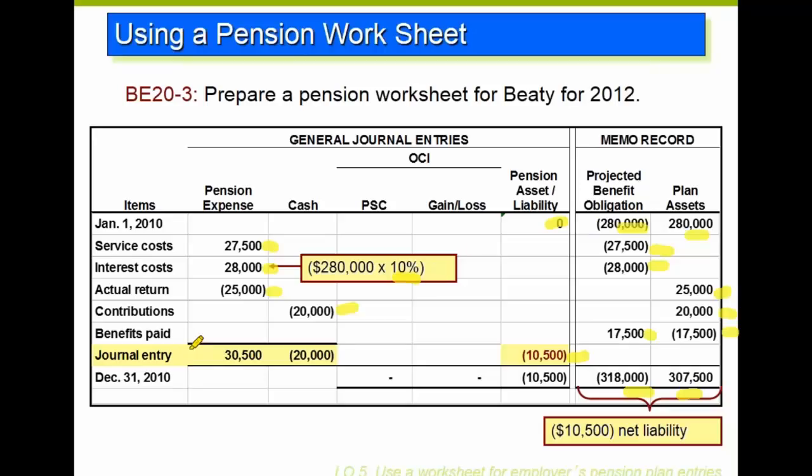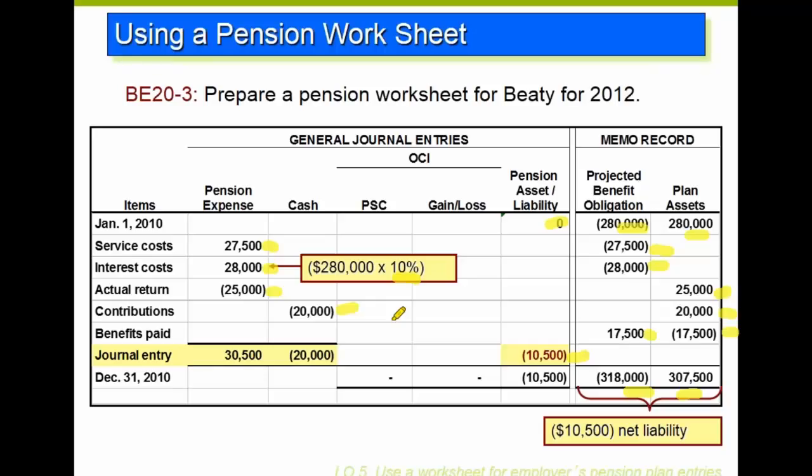You also notice that we're creating a journal entry here. This journal entry has a debit to pension expense, a credit to cash, and then the additional credit is going to increase the liability. So we have a credit to the pension liability.